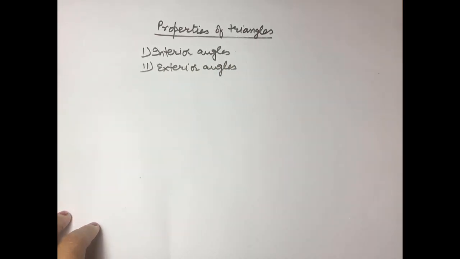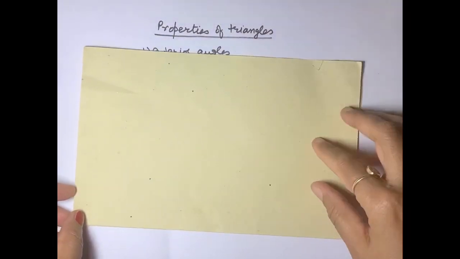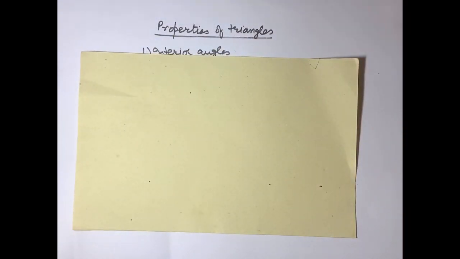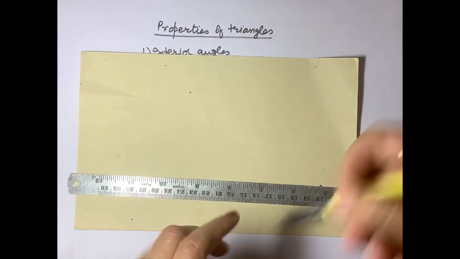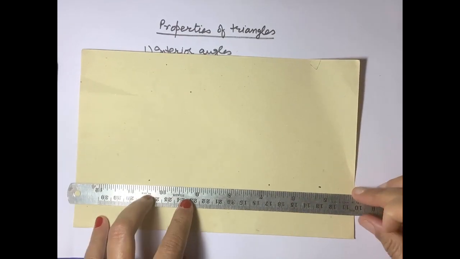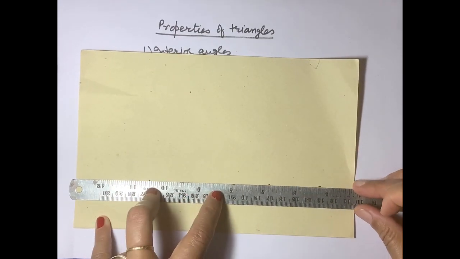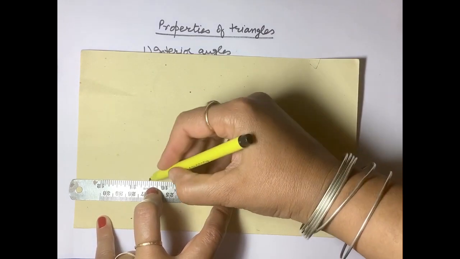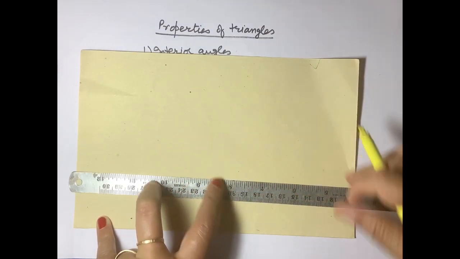Now let's start. Take a sheet of paper and draw an acute angle triangle. That means all angles of the triangle are less than 90 degree.